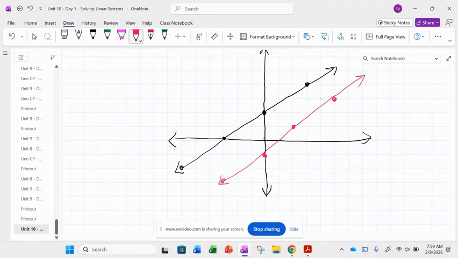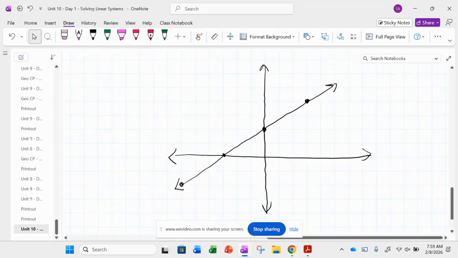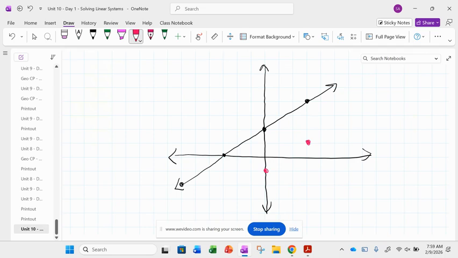Something went wrong here. 1, 2, 1, 2. Yep. One of my points was wrong. That's why my line looks weird. All right, let's try this again. There we go. That looks a lot better, I think.